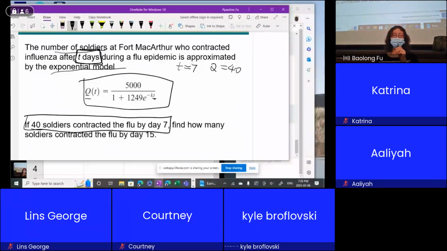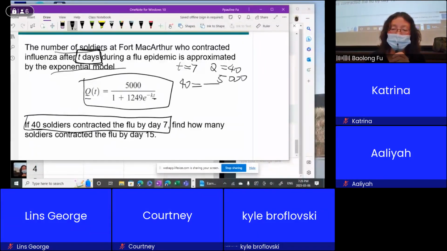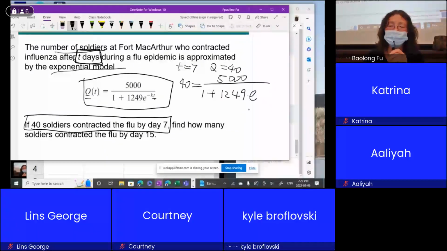So we plug in T into the equation and solve for the constant K. So Q equals 40 when T equals 7.